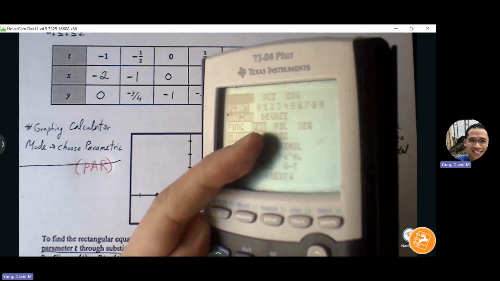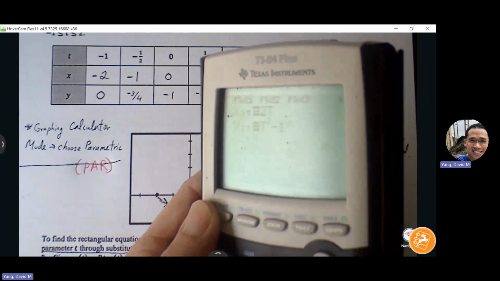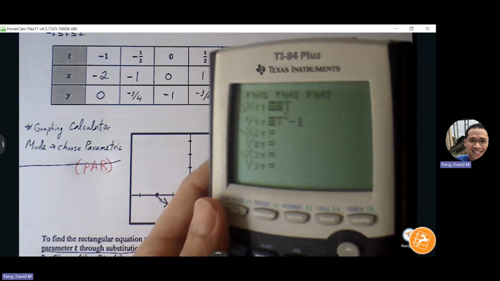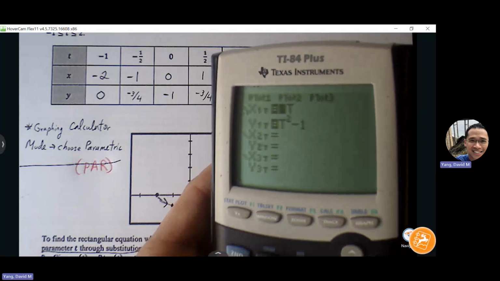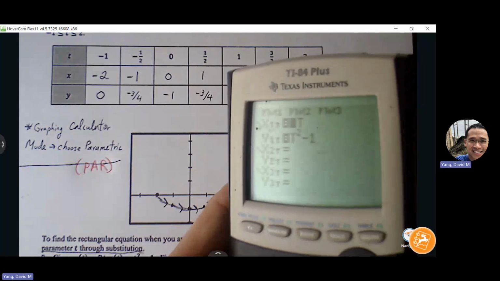Select PAR for parametric, and then you go to y equals, and you're going to see x of t and y of t, and then plug in to x. If you try putting in x, it'll just convert it to t for you.